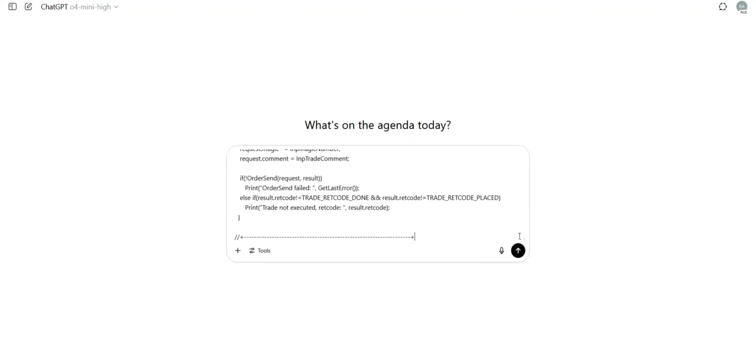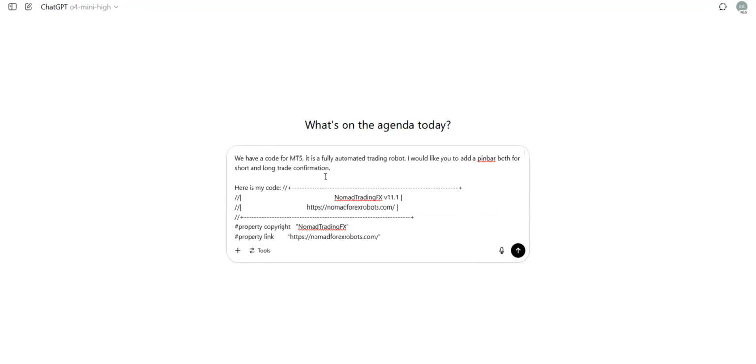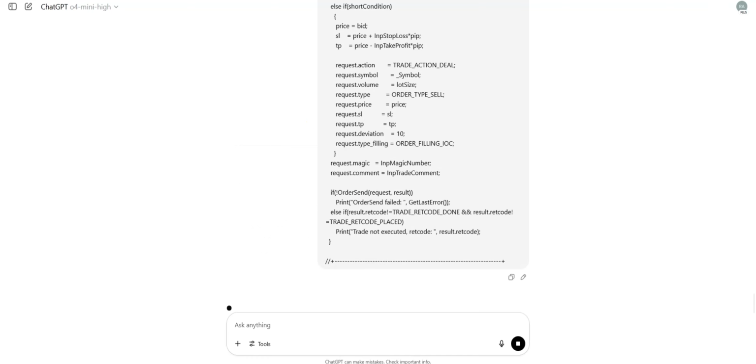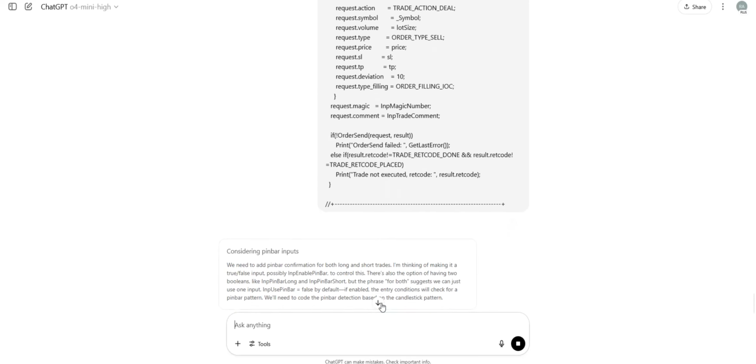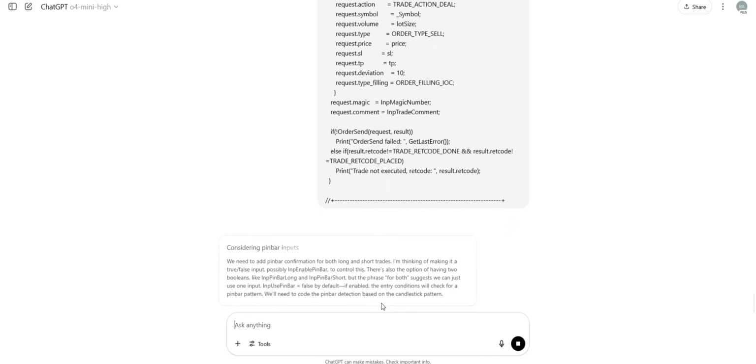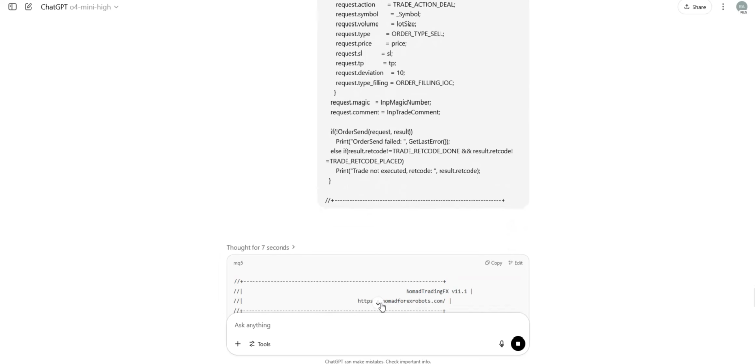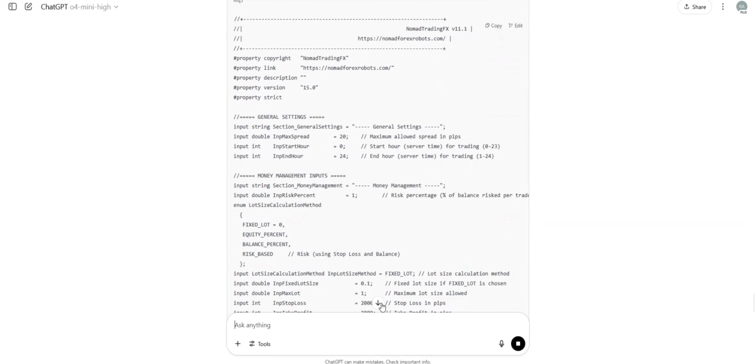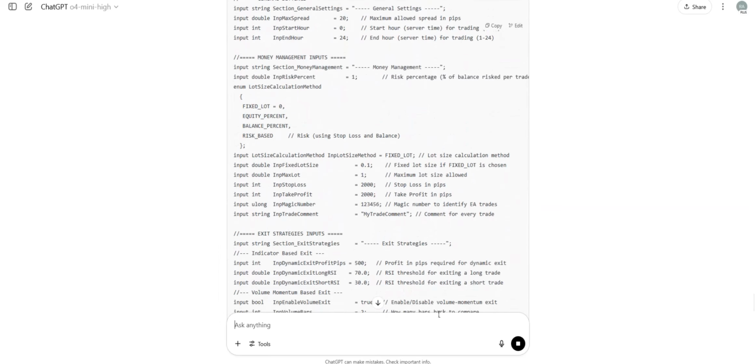Now also what I wanted to add is that, make it true, false. So what is a pin bar? Very good question. It is actually called a Pinocchio bar, and I could also show you.